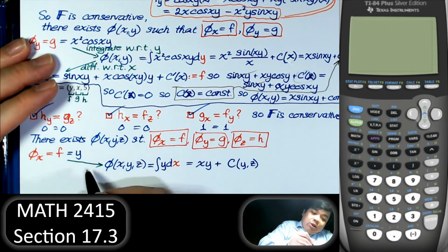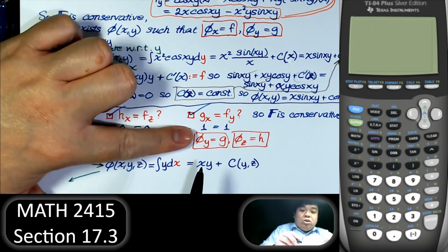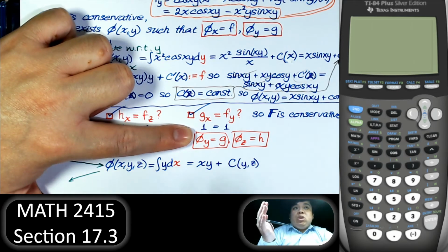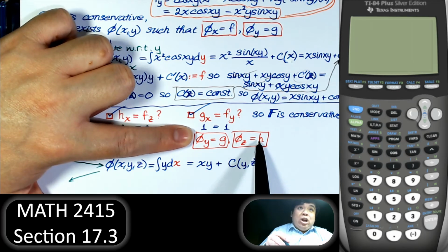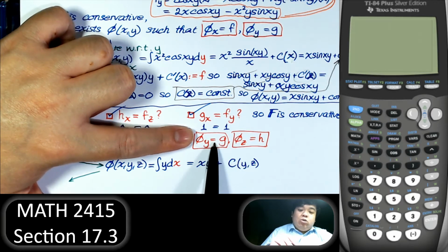Now we will differentiate with respect to something else. We took care of x, so we're not going to use that anymore. We have to use one of the other two. Either we take the derivative with respect to z and make that equal to h, or we take the derivative with respect to y and make that equal to g. I'm going to go with the second one.